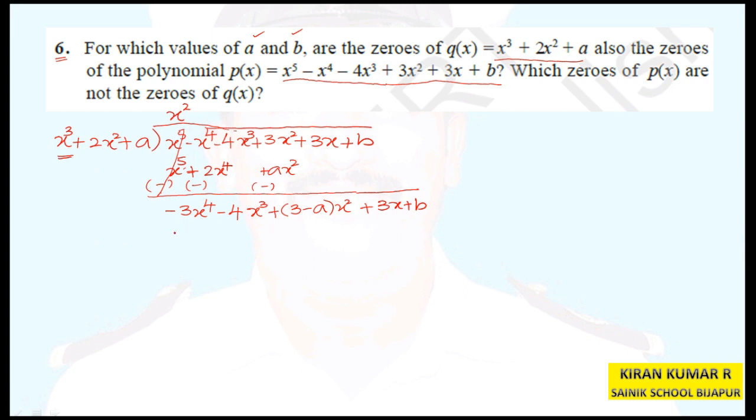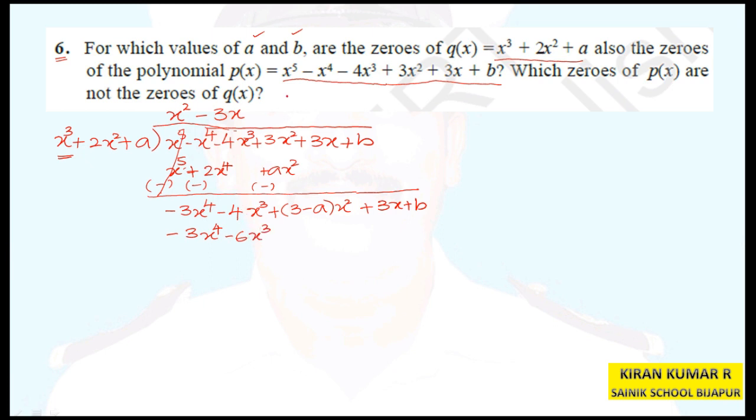Now what should be multiplied to x cube to get minus 3x to the power 4? Probably you have guessed it right, it is minus 3x. If you multiply minus 3x to the x cube, you will be getting minus 3x raised to the power 4. When minus 3x is multiplied to plus 2x square, you will be getting minus 6x cube.